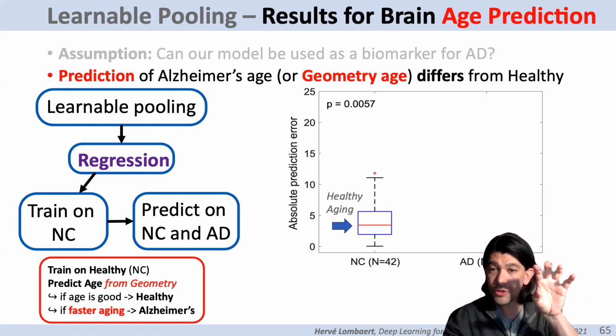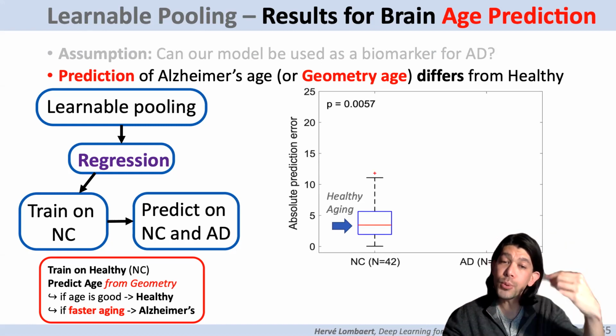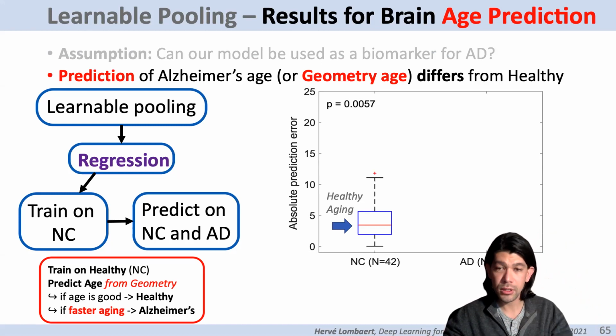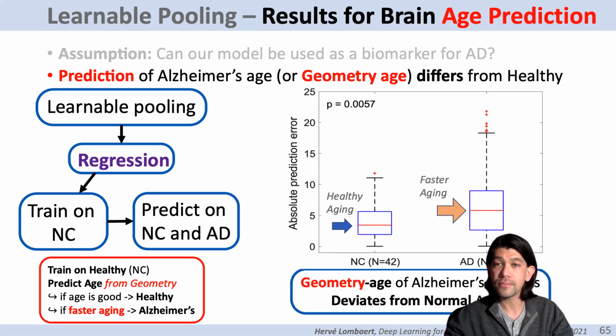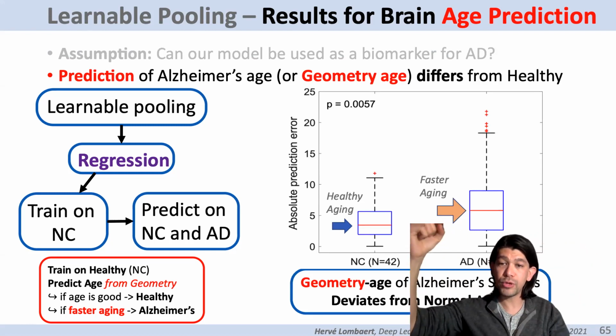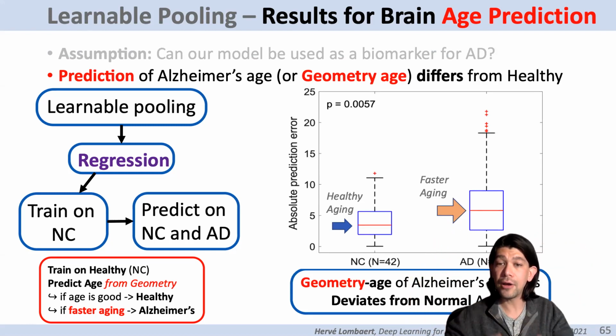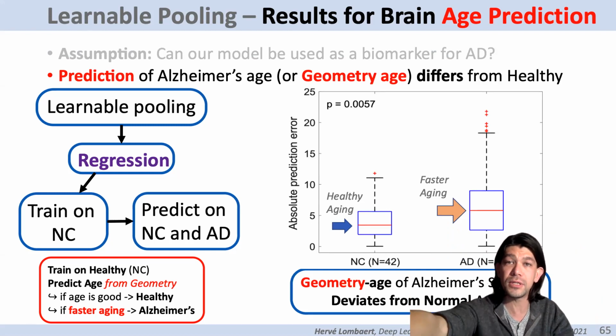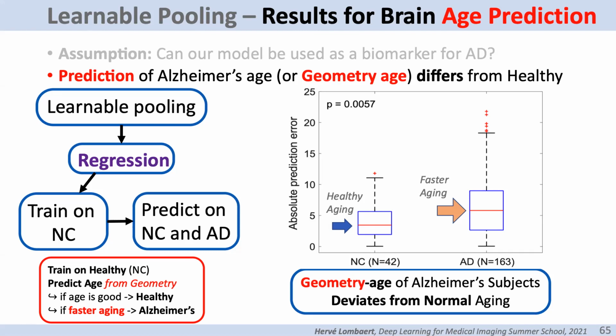From this model that has been trained on healthy subjects, if we input subjects with Alzheimer's, those are the errors we got here. So the error that we have here is higher. We don't have 3 or 4 years, but more like 5, 6, 7 years of difference here. So that shows basically that for patients that have been flagged as Alzheimer's, the geometry age that our model predicts shows much older brains than the real age of the person.